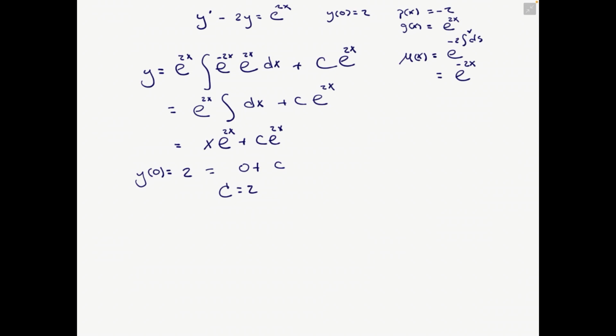So c equals 2, and y(x) is equal to x e^(2x) plus 2e^(2x), and we can factor that out, and we get e^(2x) times (x + 2), and that's y(x).